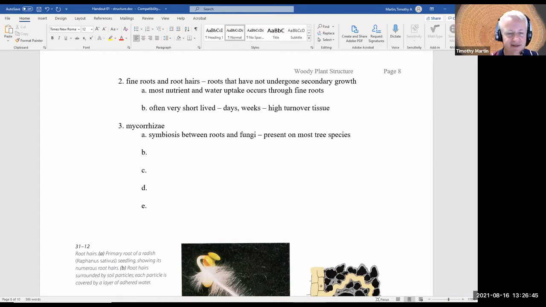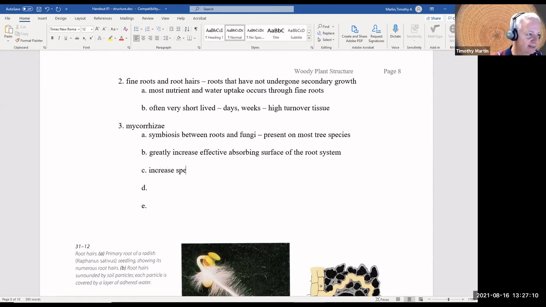So there is symbiosis between fungi and roots, and those fungal hyphae greatly increase the effective absorbing surface of the root system. So they basically help the root system be a more efficient absorber of water and nutrients.